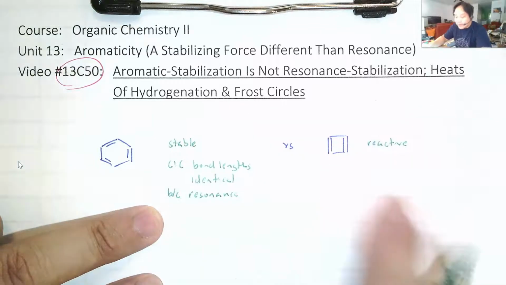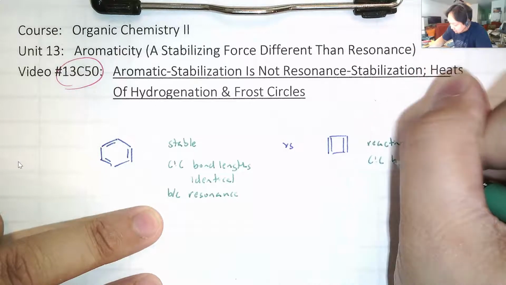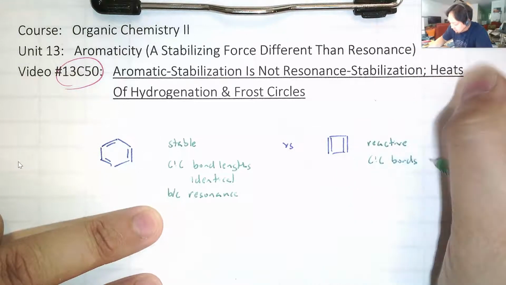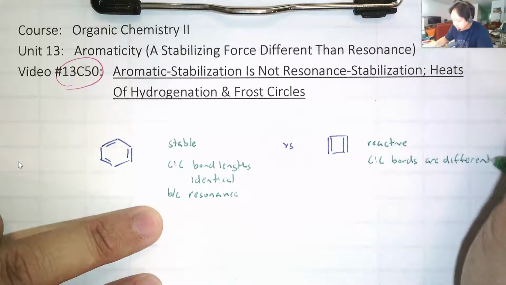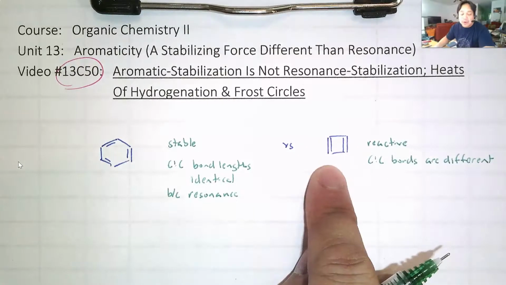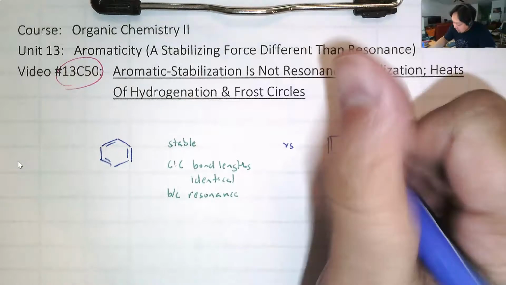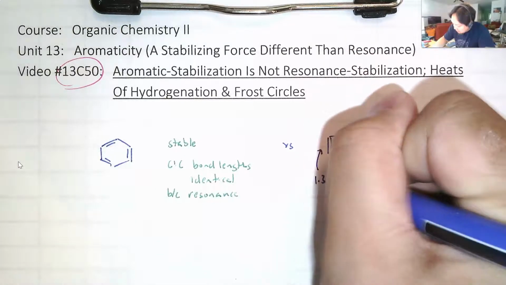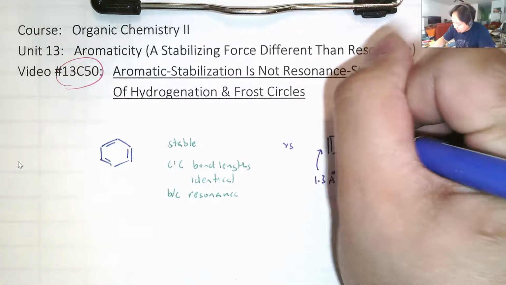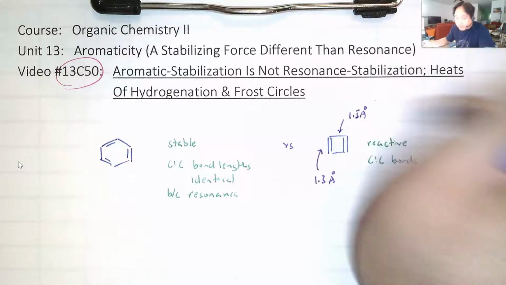Whereas cyclobutadiene does not undergo resonance, and the carbon-carbon bonds are different, right? The carbon-carbon double bond is 1.3 angstroms, while the single bond is 1.5 angstroms.